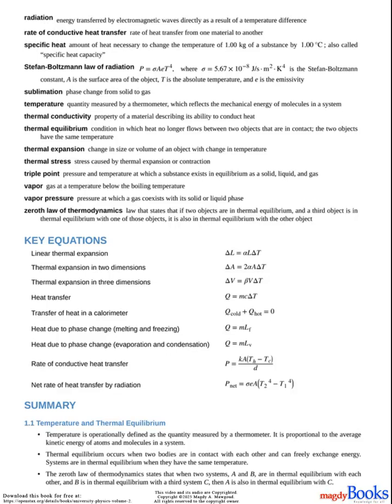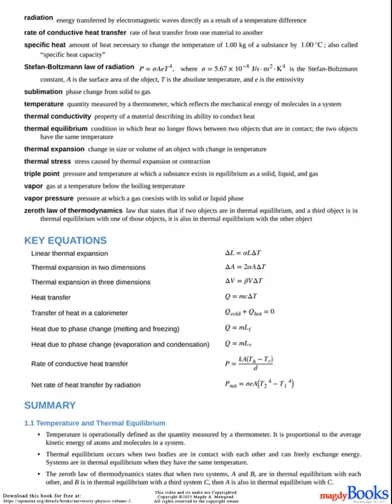The two objects have the same temperature. 38. Thermal expansion. Change in size or volume of an object with change in temperature. 39. Thermal stress. Stress caused by thermal expansion or contraction. 40. Triple point. Pressure and temperature at which a substance exists in equilibrium as a solid, liquid, and gas.